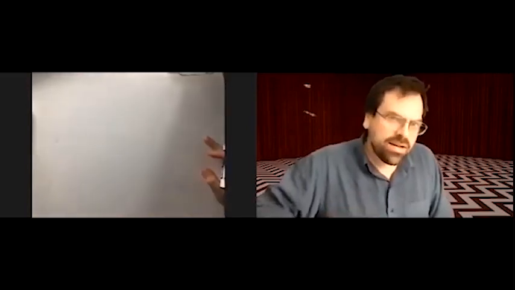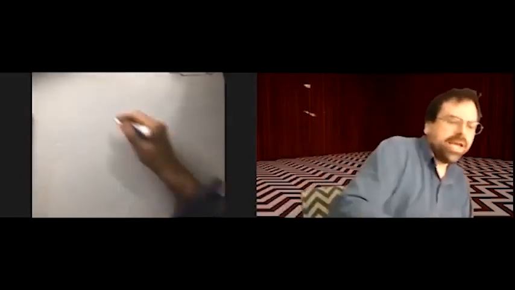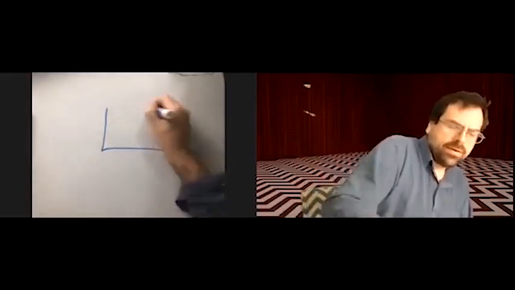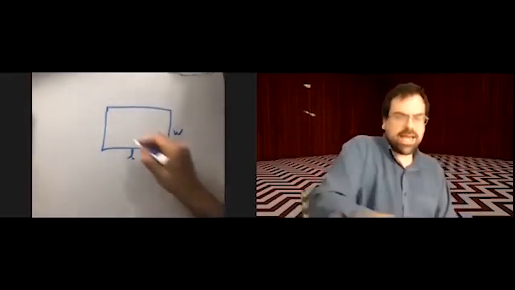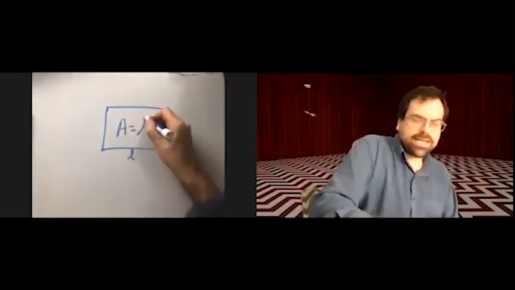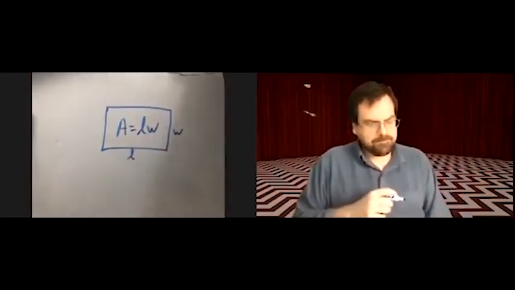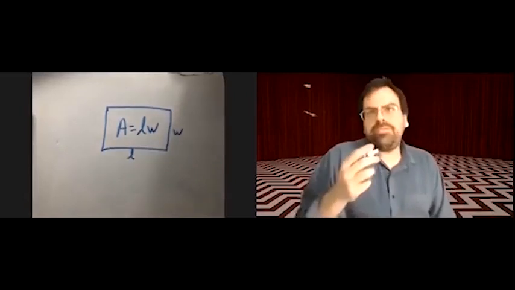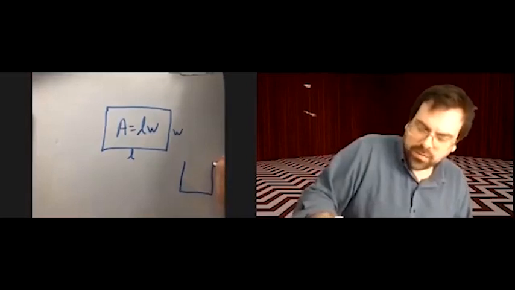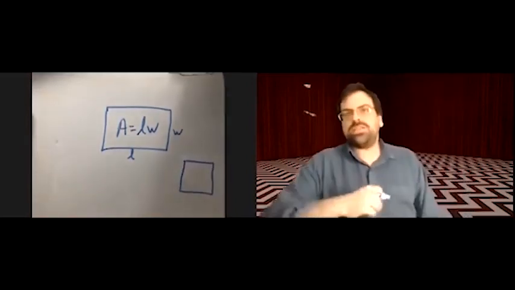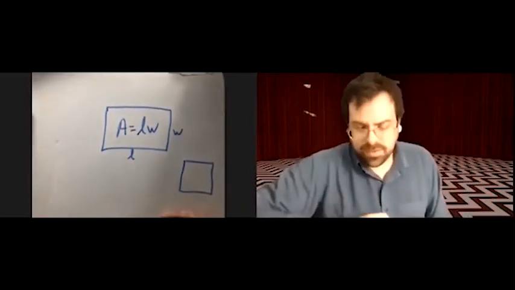when we multiply length times width, what is that? That's area of a rectangle, length times width. If we had a square, what makes a square and not just an ordinary rectangle?